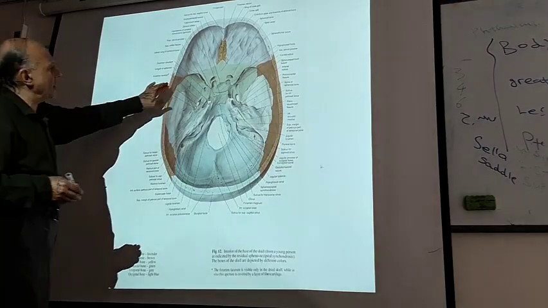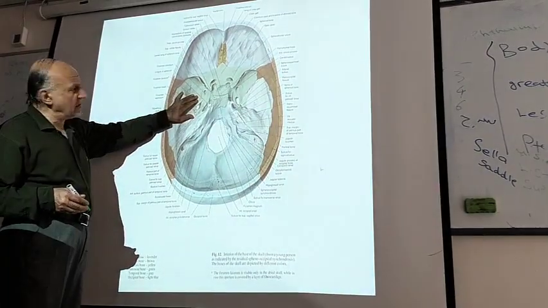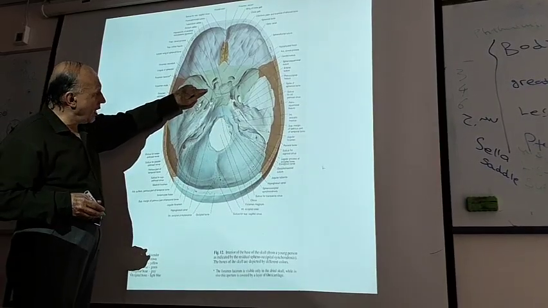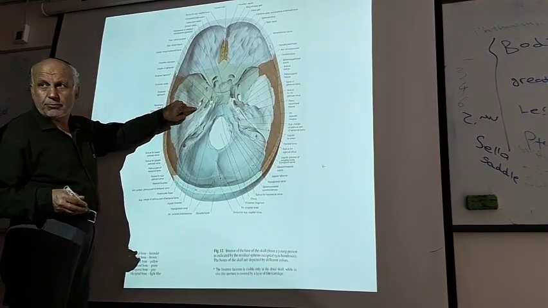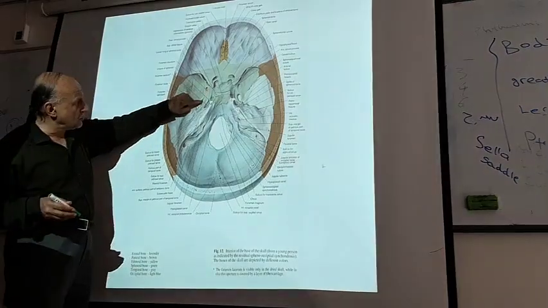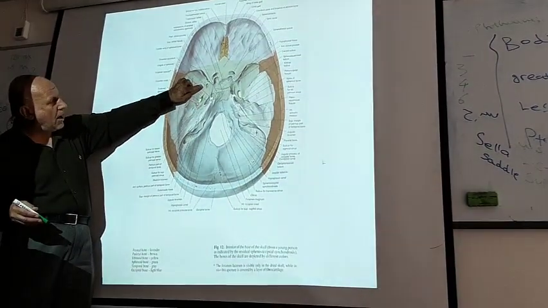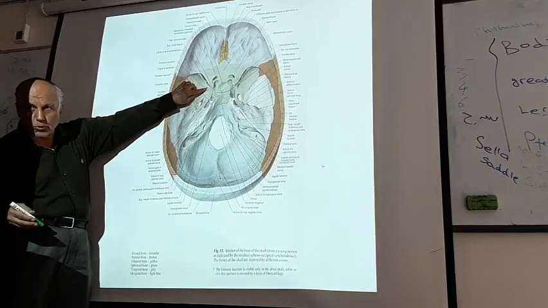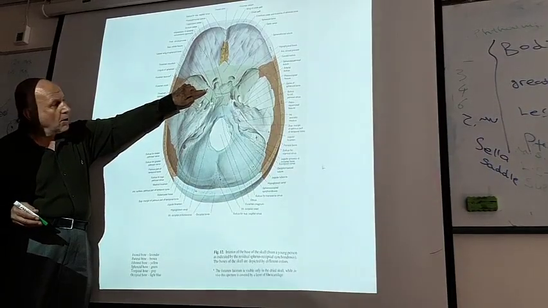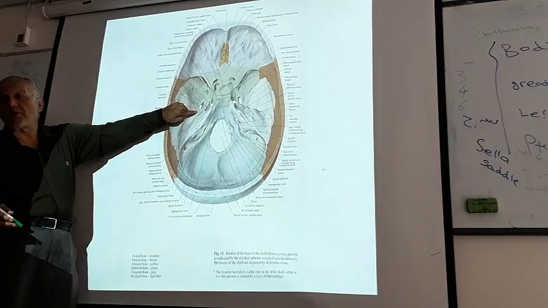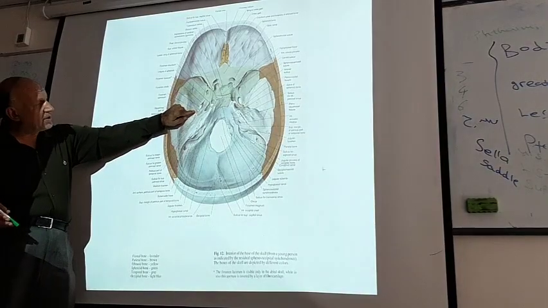The greater wing, when it comes to the body, has 3 foramen. You can see here 1, 2, 3. From anterior to posterior, the names of these foramen are foramen rotundum, foramen oval, foramen spinosum. Why is the name spinosum?